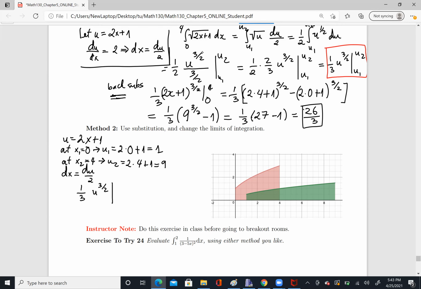So u1 was 1, u2 was 9, so I just substitute into this interval. That will be 1/3 times 9 to the power 3/2 minus 1 to the power 3/2. And that will be the same answer as 26/3, as you see.